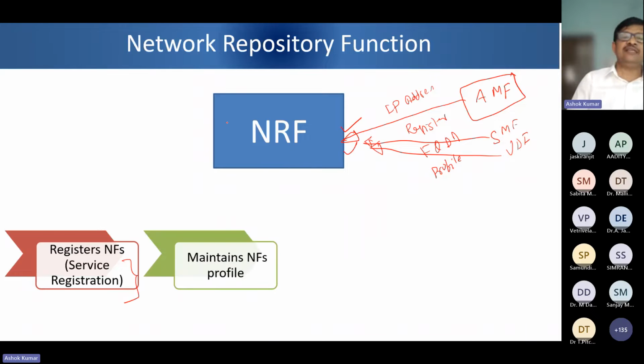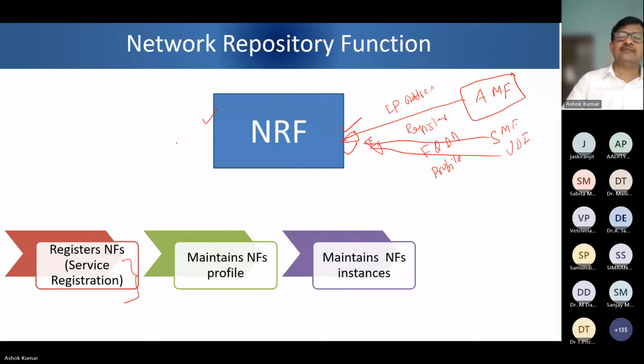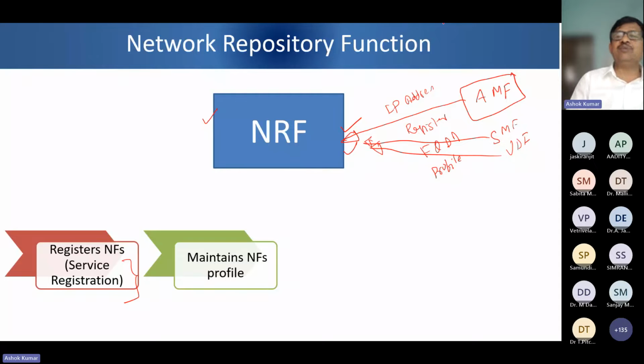And these are maintained by NRF. It will always be up to date because not only service registration, but also the update. For example, if this AMF undergoes certain changes, that update would come to NRF. NRF has to be updated.